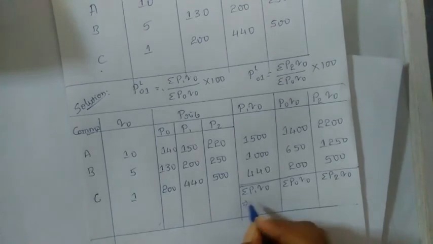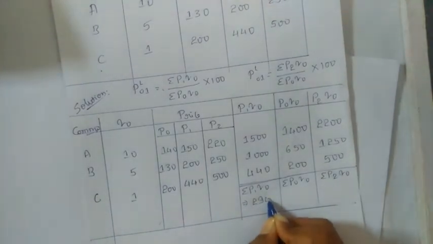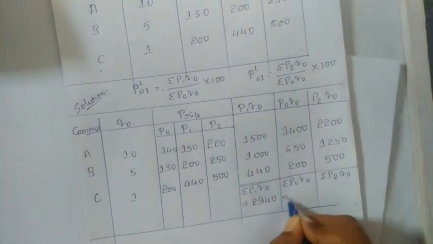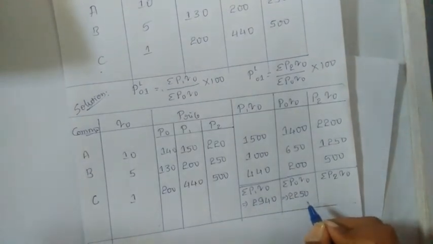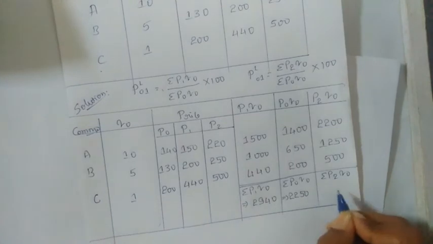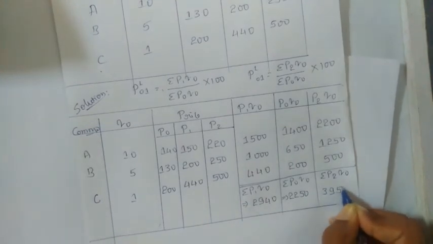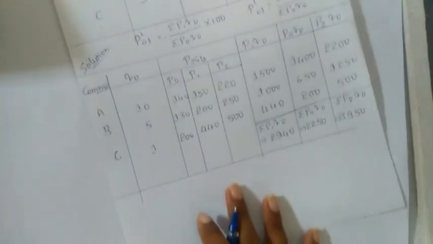Here the totals are 2940, and then 2250, and then 3950.